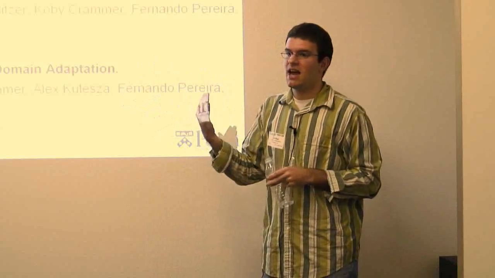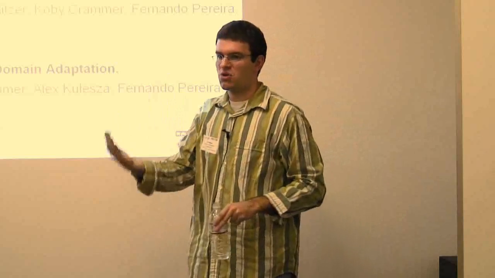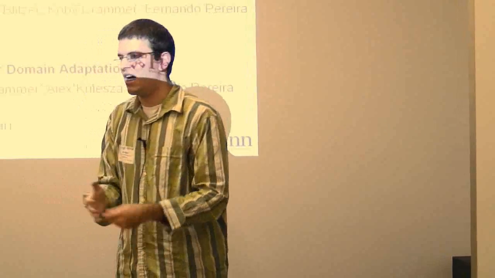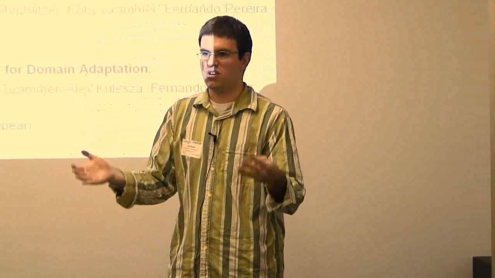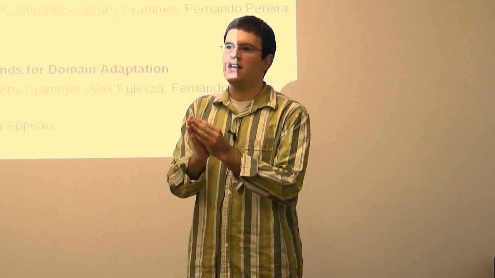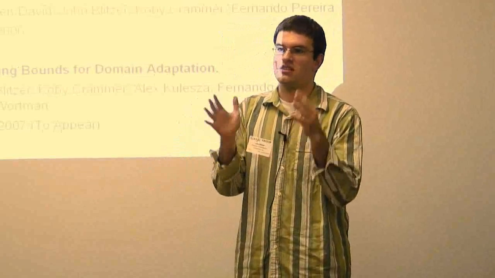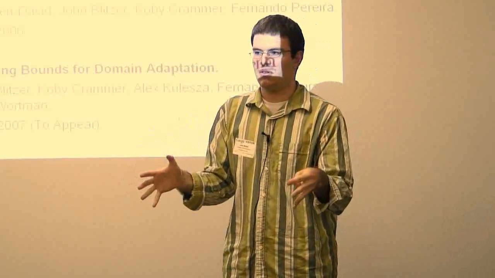It doesn't have to be a model that you can train in one, but the idea is that if I had a lot of blog comments to train on, and a lot of Wall Street Journal text to train on, then I could train a single good tagger that was good at both.